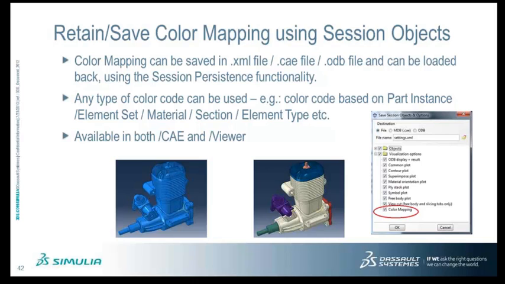Now in 6.13, we've added the ability to retain these color mappings. So with this, you can write out an XML file that can be read into a subsequent session to retain the color maps. And these color maps are also saved in the MDB and the ODB file. I must point out that the color mapping can be used on any entities such as parts, instances, element set, materials, etc. And it's available both in CAE and the viewer.